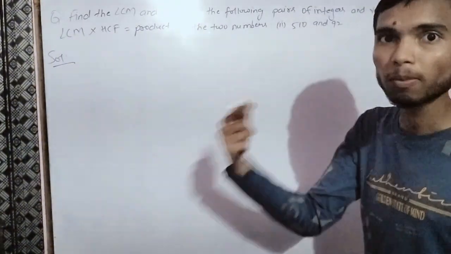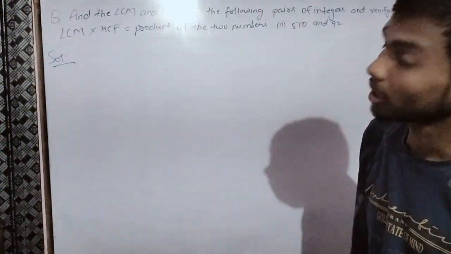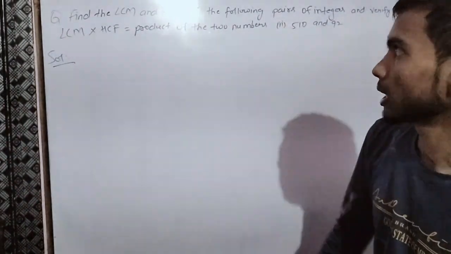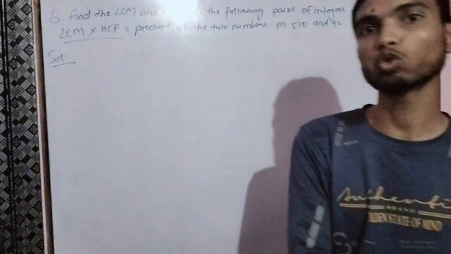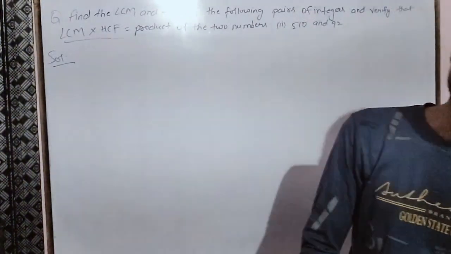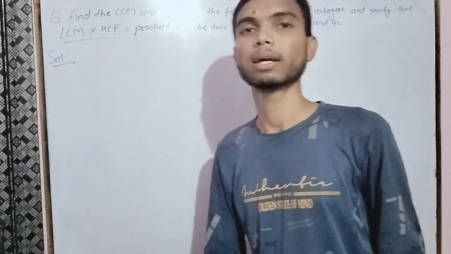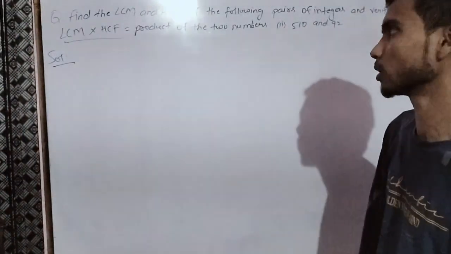Then after multiplying, that number will be the final one. So the product of the two numbers. Then in the last it is saying that you have to multiply LCM and HCF. Whatever comes as the value of LCM and the value of HCF, you just have to multiply.